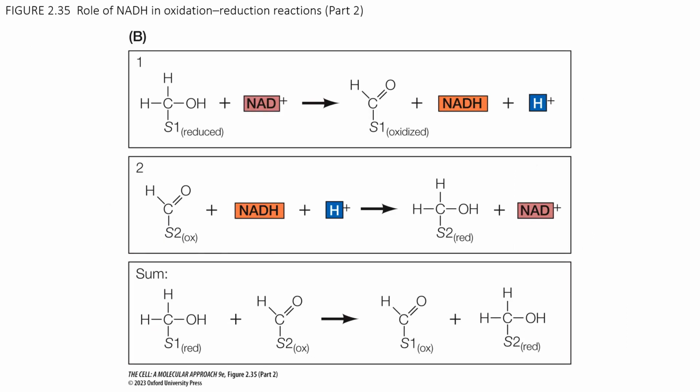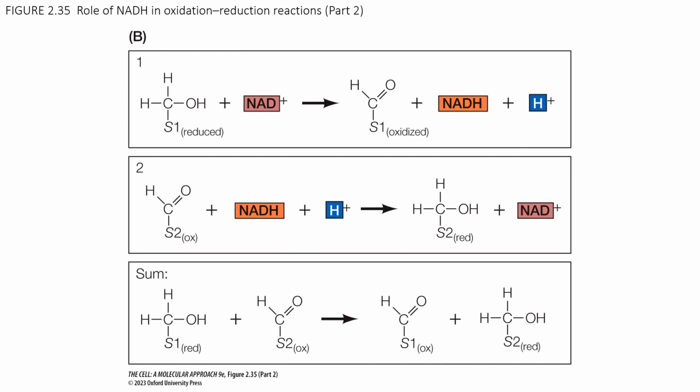See the example of a net effect of the oxidation reduction reactions using NAD plus and NADH. So we have two very simplistic substrates here, S1 and S2. S1 starts as reduced, so it has an electron, it will donate it to the NAD plus. There it will become oxidized and therefore left with NADH plus a hydrogen. That same NADH plus a hydrogen will now take an oxidized S2 and reduce that, and become oxidized itself to NAD plus.